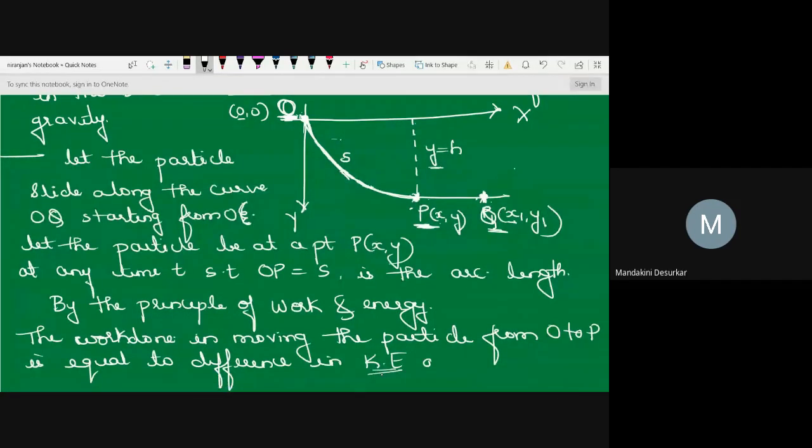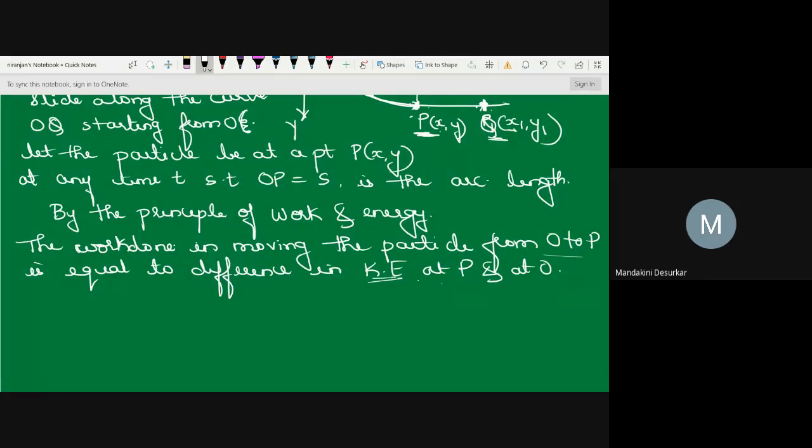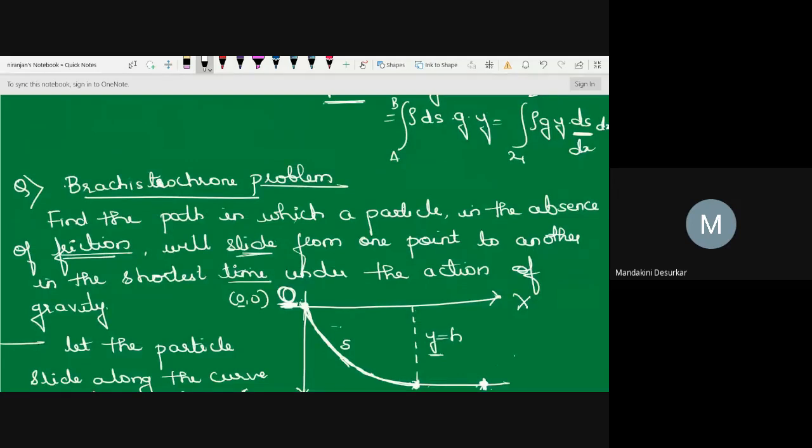Understood, it is the kinetic energy at P minus that at O. Work done in moving the particle from O to P is equal to the difference in kinetic energy at P and at O. This is better. See, the total work done to move the particle from O to P is the difference in the kinetic energy.